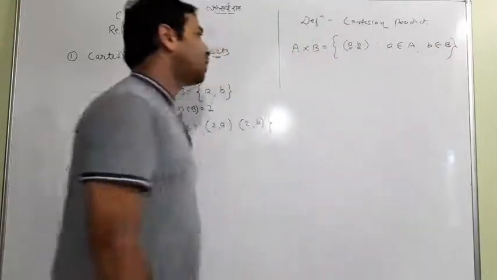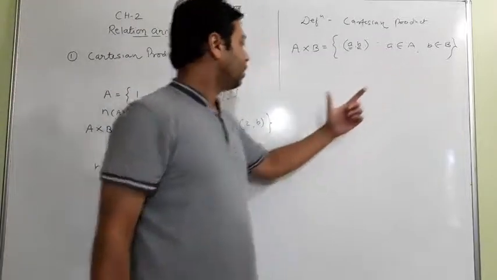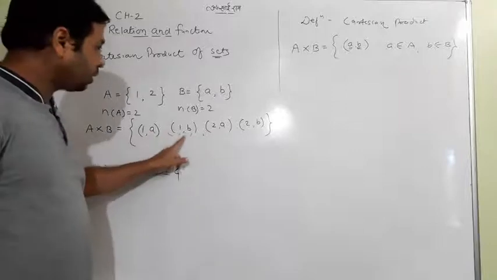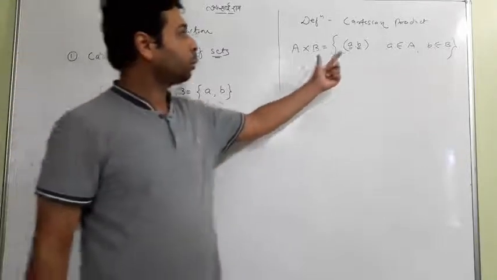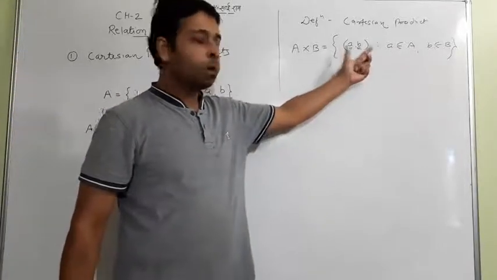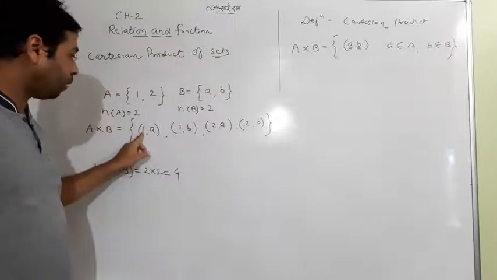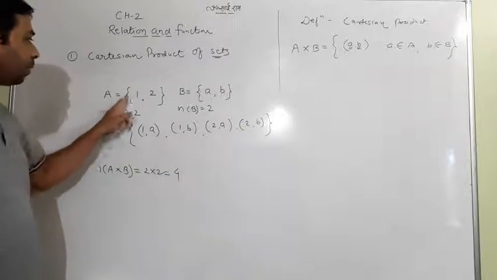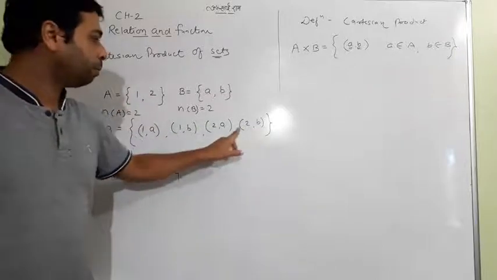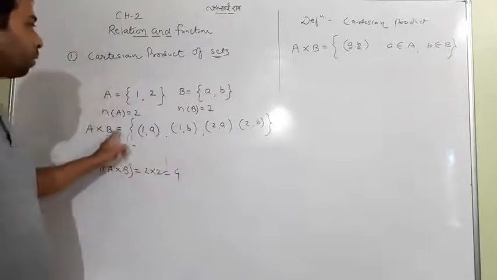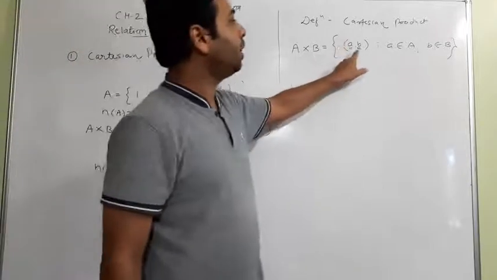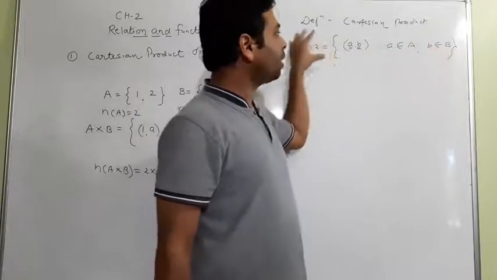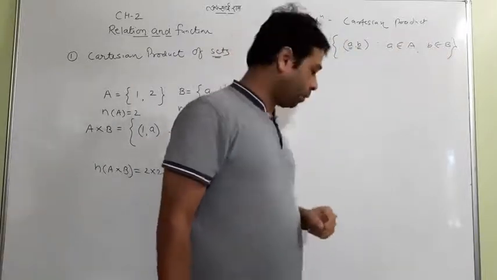If you are still confused, you can see this example. All these are ordered pairs, shown here as ordered pair (a, b), where the first element, 1 or 2, is in A. Look at A, {1, 2}, and the second element b, whatever it is, is in B. So the first element a will lie in capital A and the second element b will lie in capital B. This is a very fundamental definition.